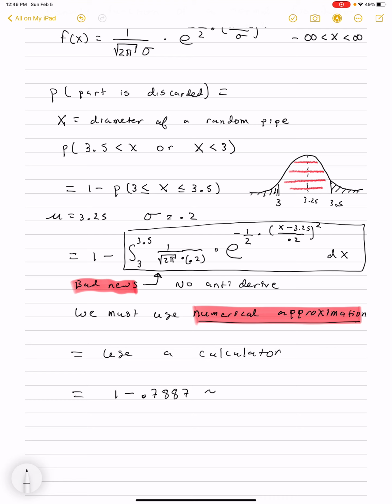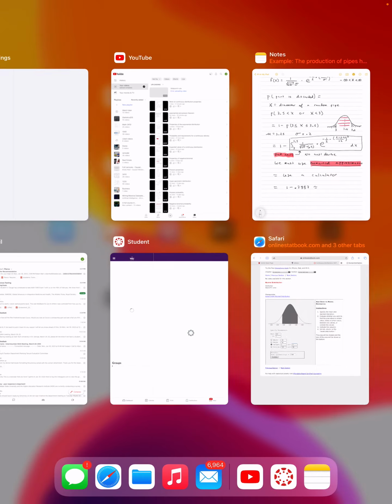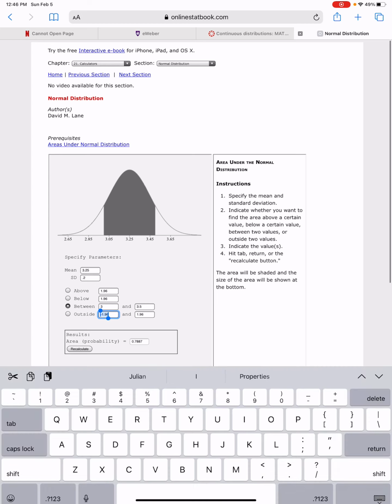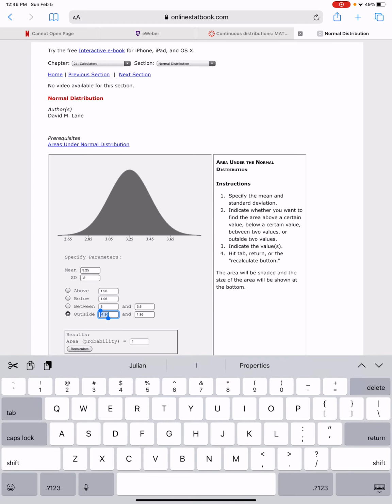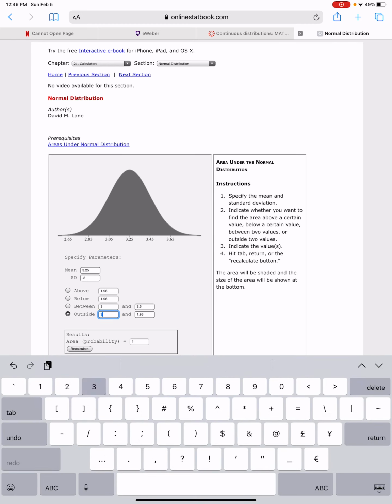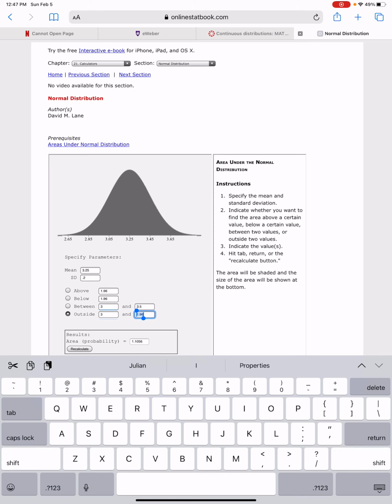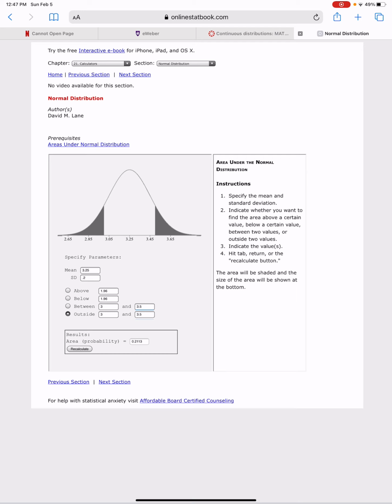That's 0.7887. Or hey, look, instead of doing the 1 minus in this calculator, I could have put outside 3 and 3.5. Then let's hit recalculate. And notice it shaded not between 3 and 3.5, but the outside region.